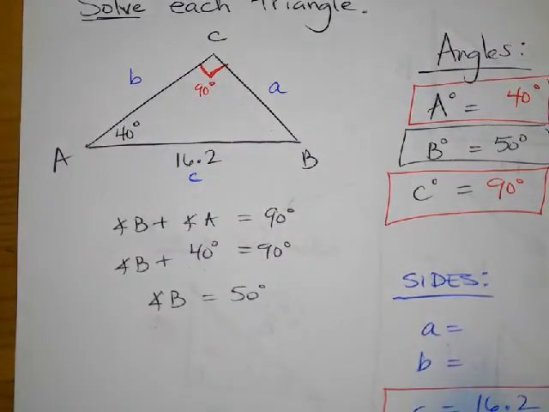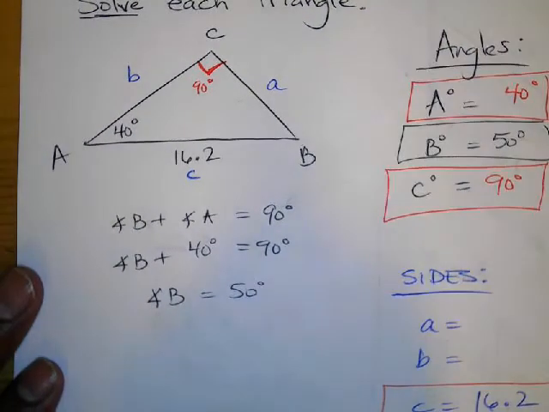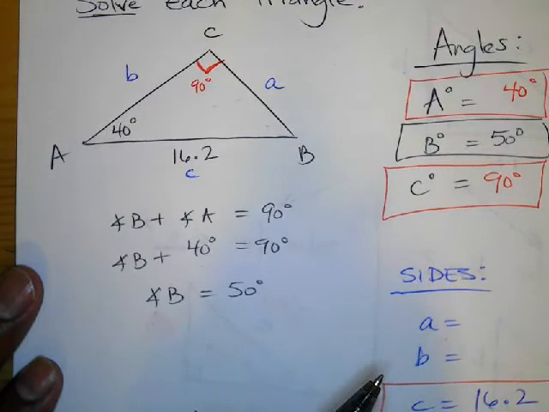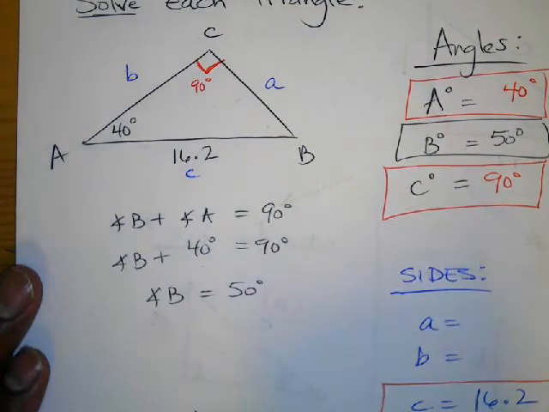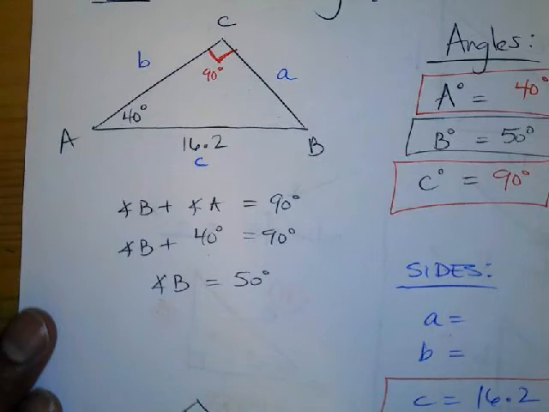Now all you've got to do is what? Well, we're going to take this triangle. Again, I'm going to copy it over here. And I know that's 90. Here's the given angle. Here's the given side. And I need to find which ones?